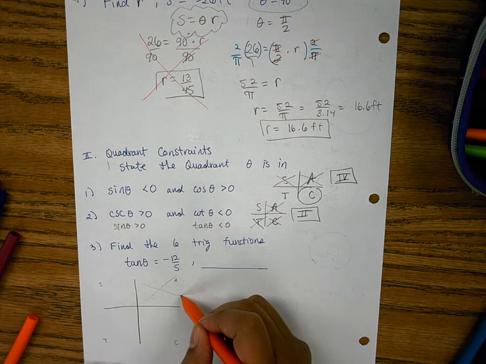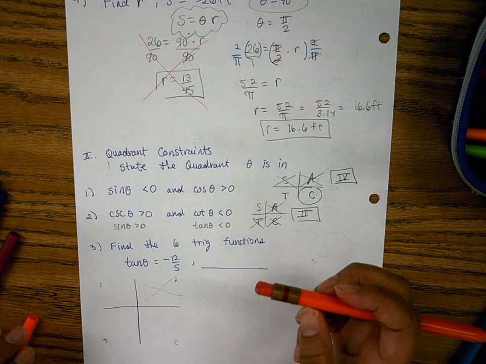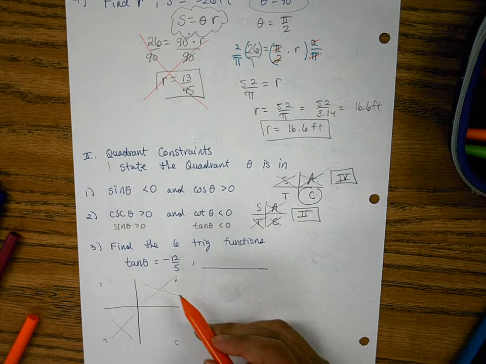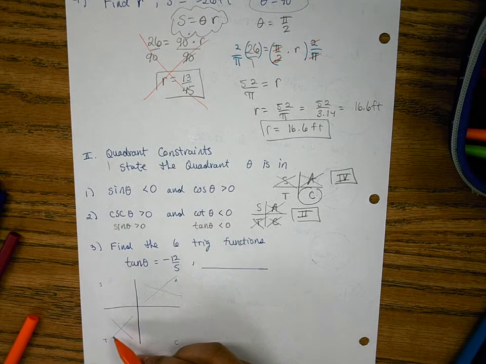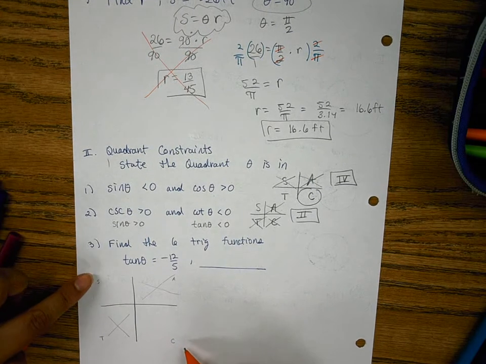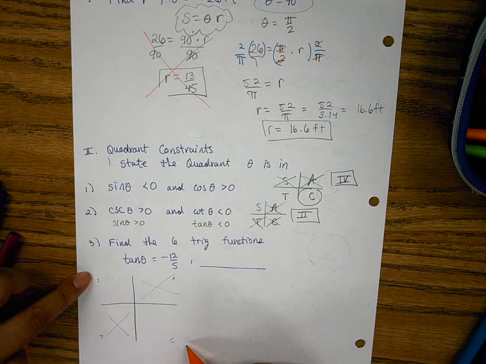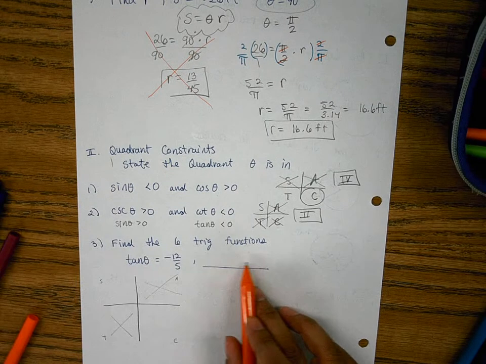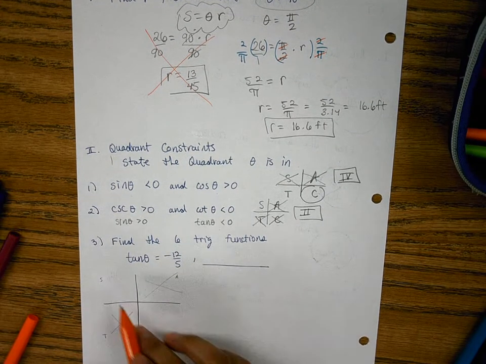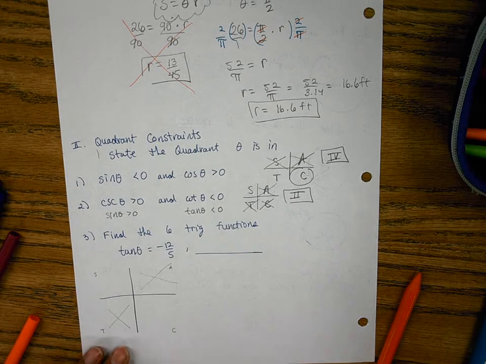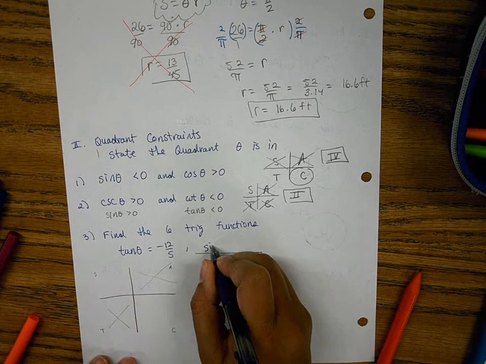Okay, if tangent's negative, that means it can't be in quadrant 1 and it can't be in quadrant 3 because all are positive here and tangent's positive here. So I know for sure it's in one of these two quadrants. I don't know which one because I haven't been given the second piece of information. So that's why this is needed, so you can constrain yourself, get yourself down to one quadrant.